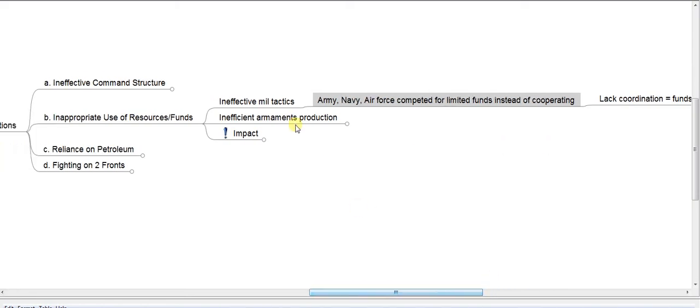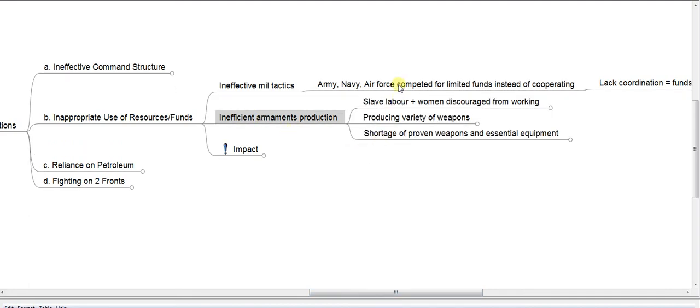Also, there was inefficient armaments production. Germany relied a lot on slave labor, a lot of prisoners of war and Jewish prisoners, for example, to work in the factories and build armaments. And women, of course, unlike in Russia, were discouraged from working. Remember, they were supposed to only be in charge of KKK: church, kitchen, and children.